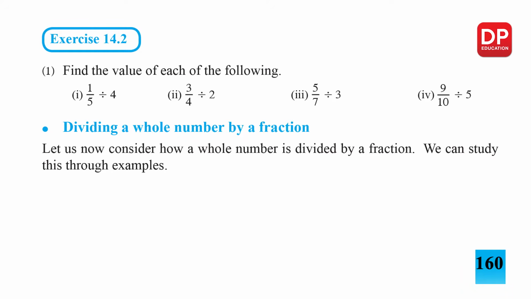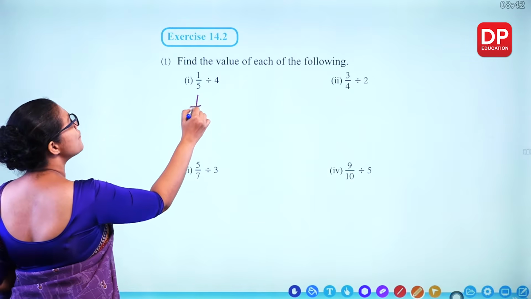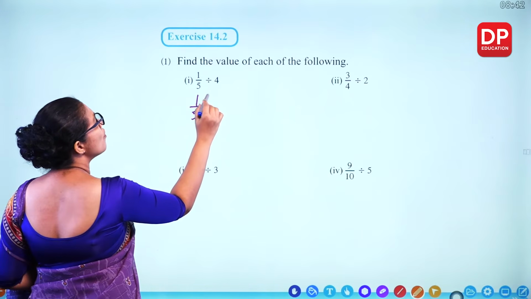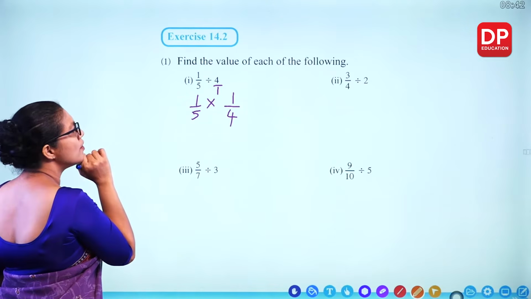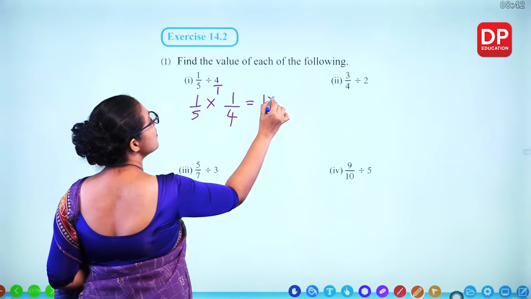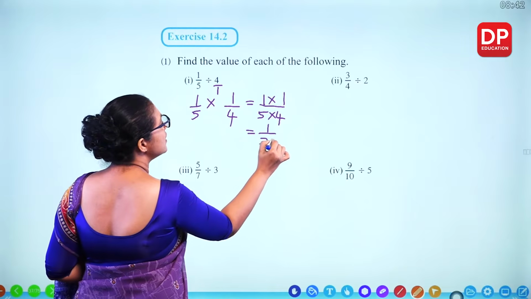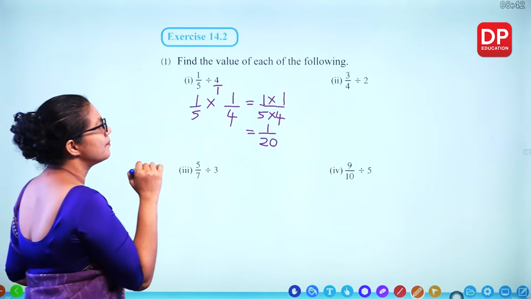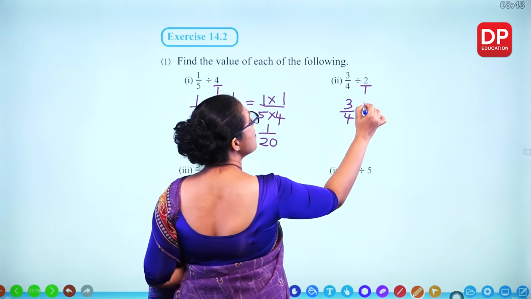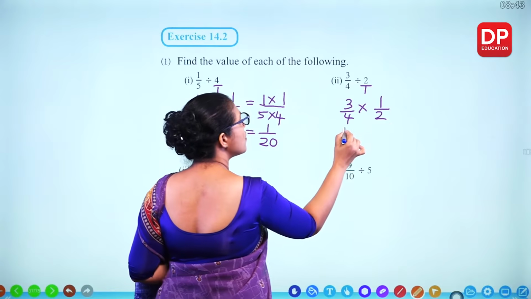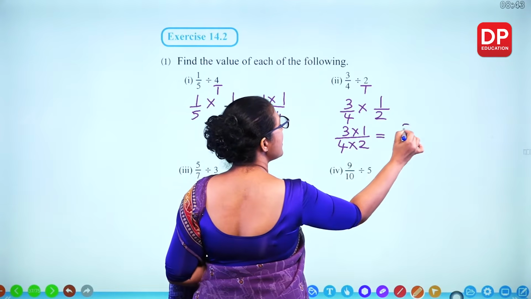Exercise 14.2. Find the value of each of the following. 1/5 divided by 4. Multiply by its reciprocal, 1/4. So multiply the numerator separately, denominator separately. 1/20. 3/4 divide by 2/1 means multiply by half. Multiply the numerator and the denominator separately.